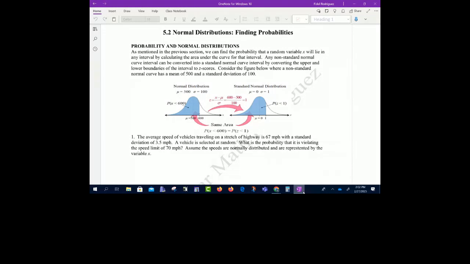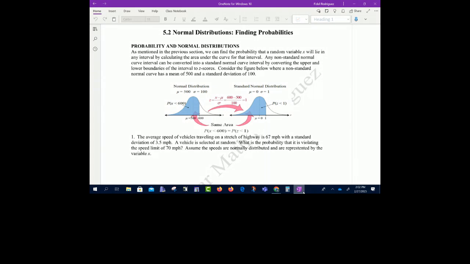Chapter 5 talks about continuous probabilities, okay?